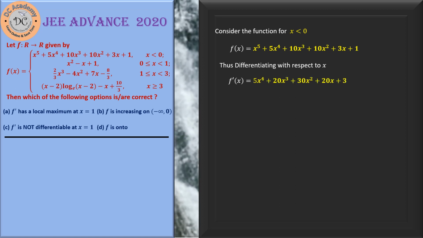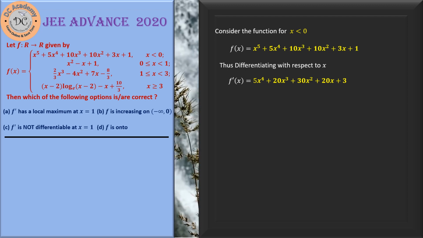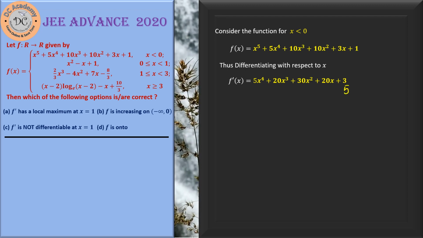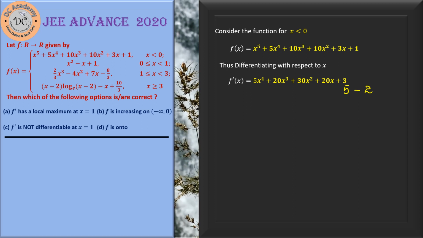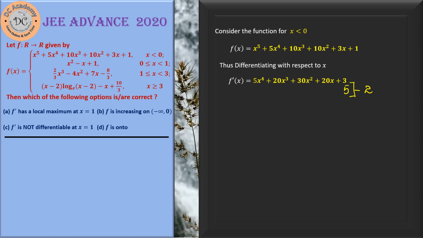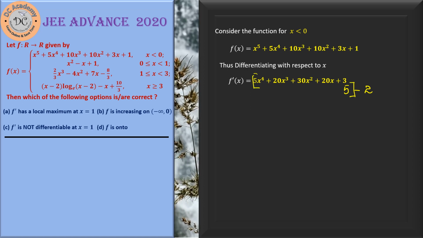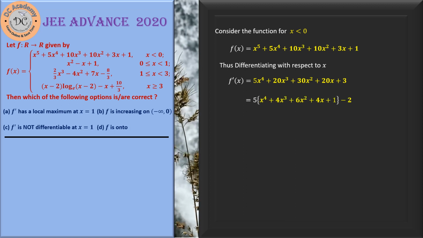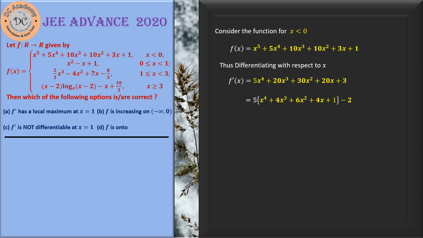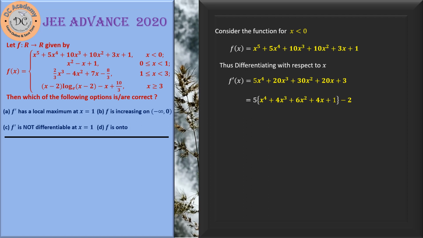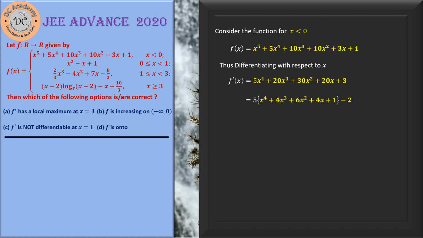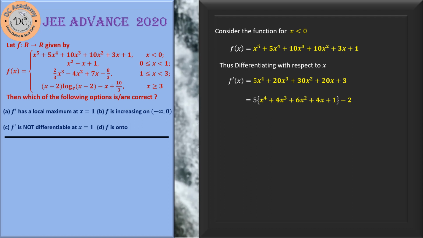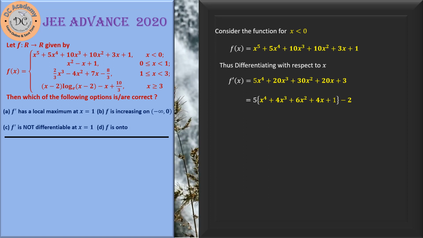Now see that everything has a 5 common except that 3. So this 3 can be written as 5 minus 2, and then we take that 5 common from all the first few terms. Therefore we get 5 into some expression, minus 2. Now notice if I substitute x equal to plus 1, we don't get zero.